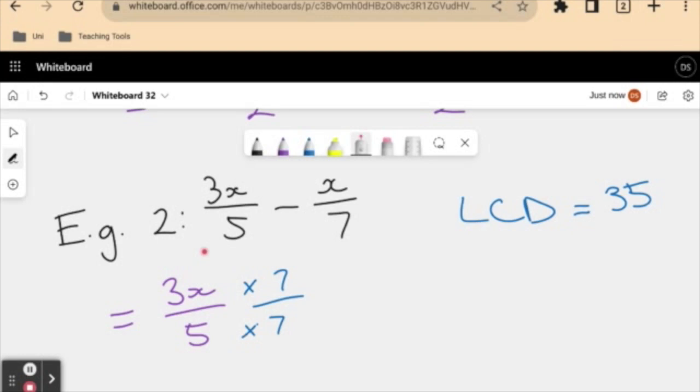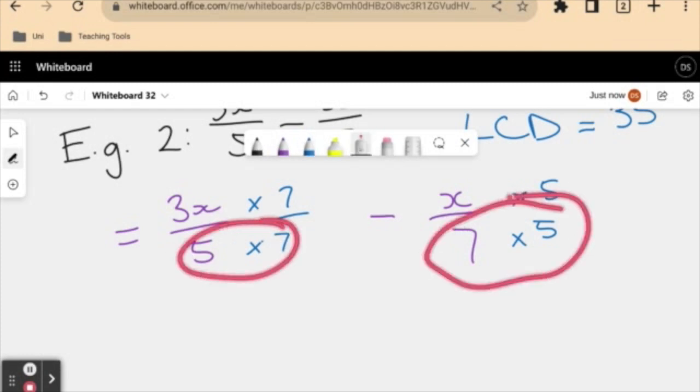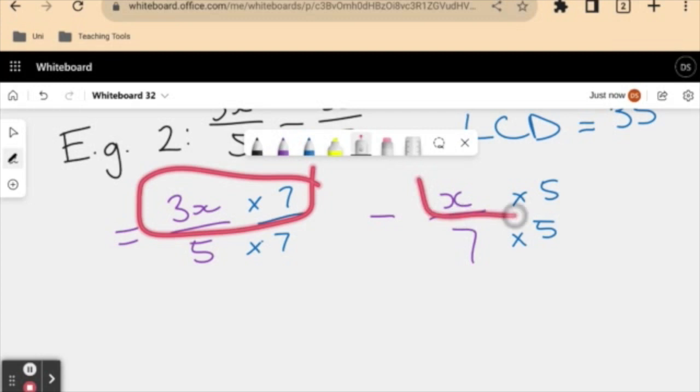And in the same way, we are going to subtract x over 7, but we're going to multiply both numerator and denominator by 5 to produce another equivalent fraction. This is that mathematical gymnastics I was talking about, because this enables us to have a common denominator, which will allow us to add and subtract our numerators.